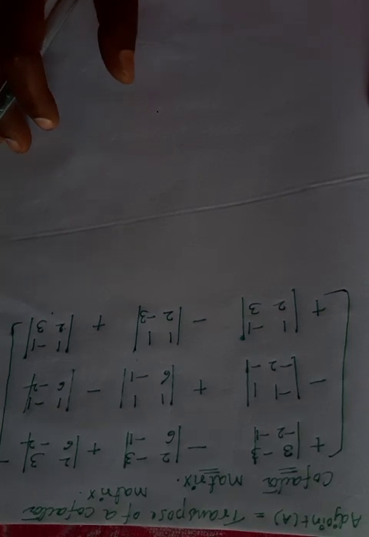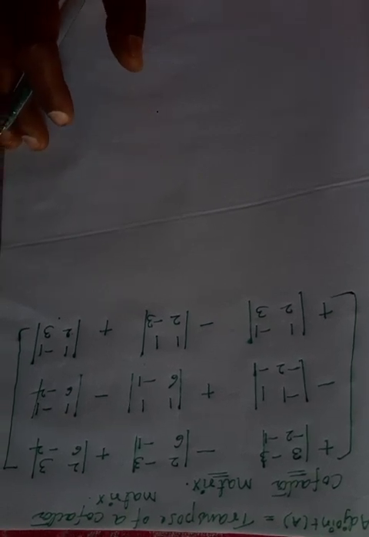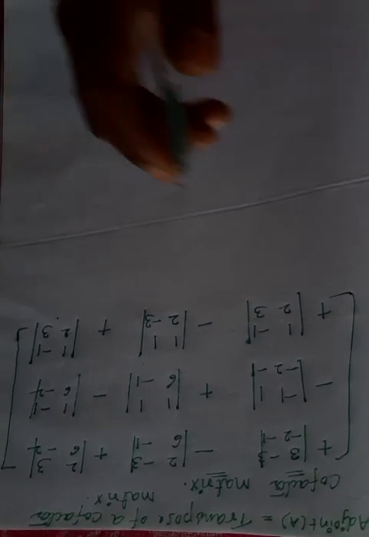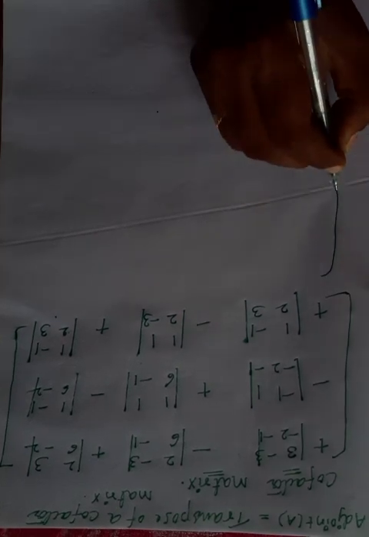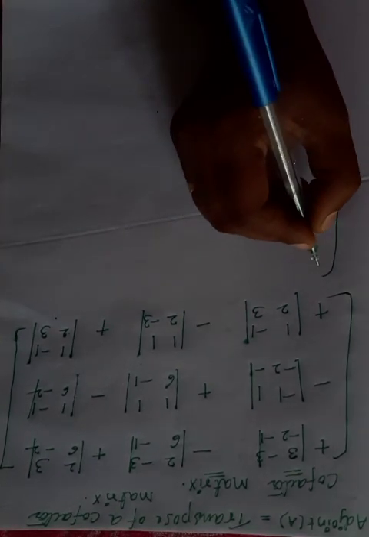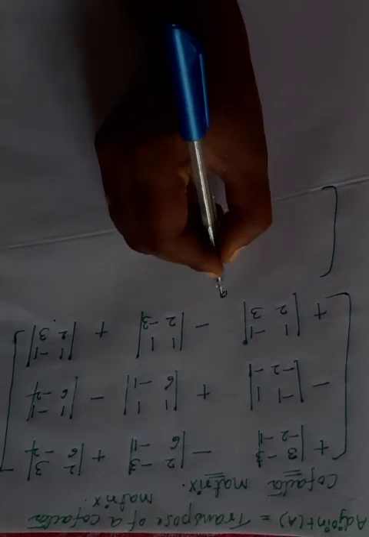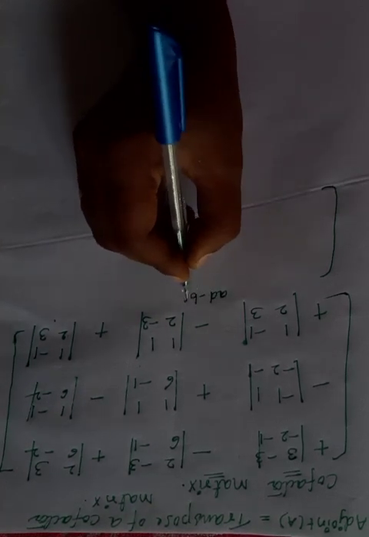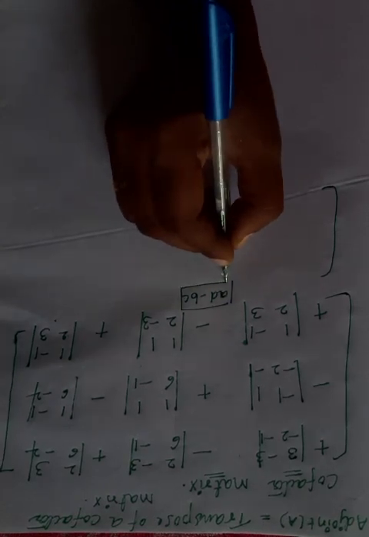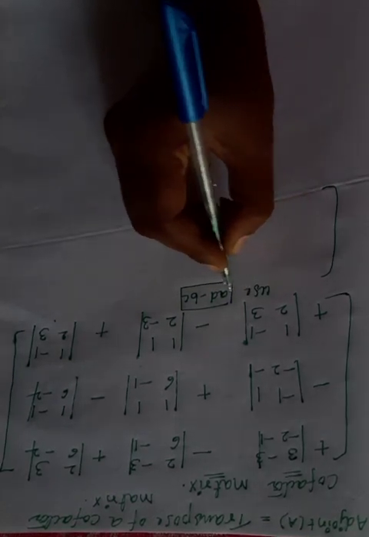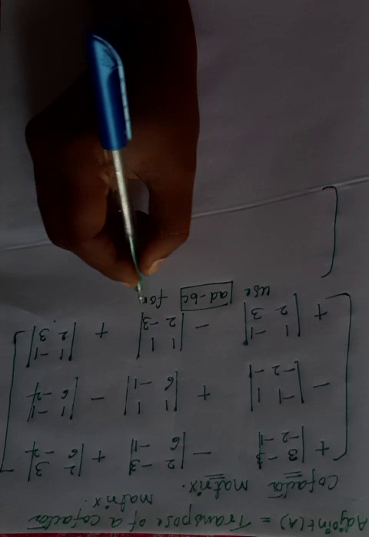After writing the minors, we have to find the solutions for these minors by using AD minus BC for all of them. So use the AD minus BC formula to find the minors.